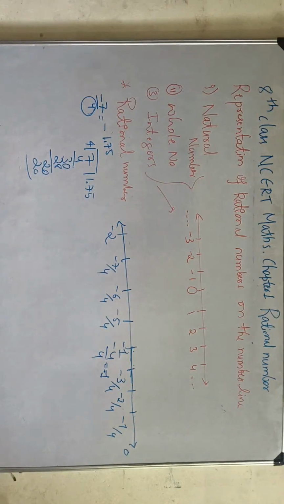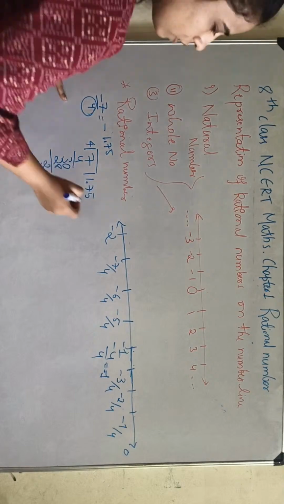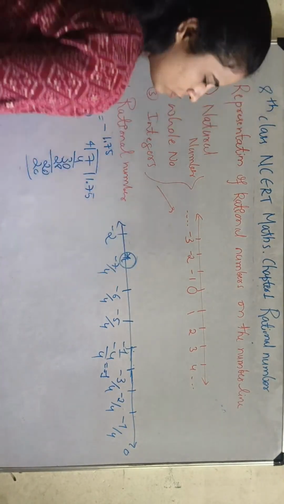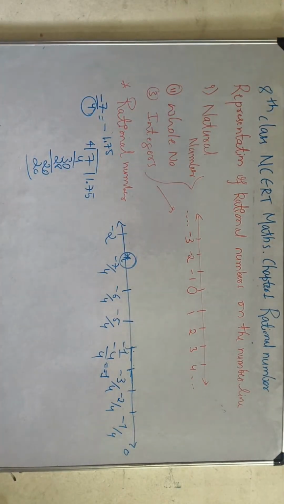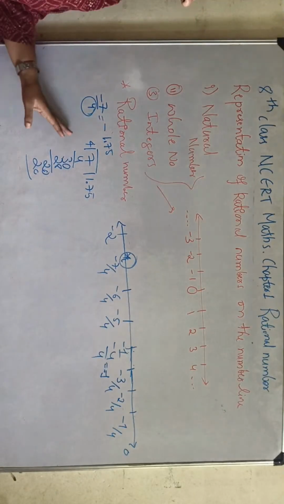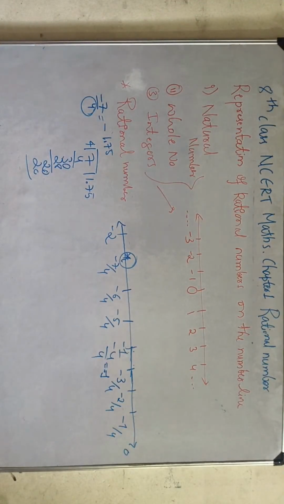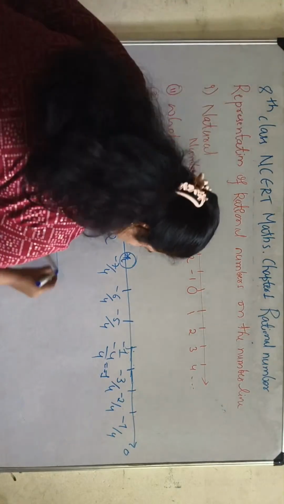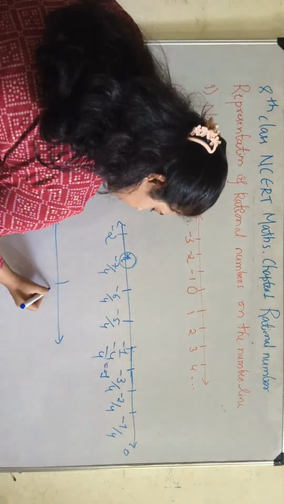You got how we are representing? Then minus 7 by 4 is here. This is the way to represent rational numbers on the number line. How to check which two natural numbers, in the integer line, the rational number lies between. And one more thing, here in the real axis, this is 0.